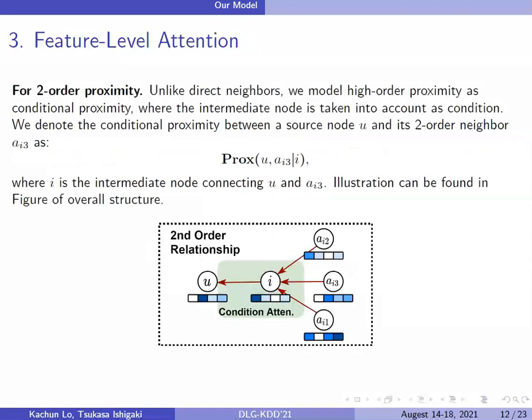More interestingly, for high order proximity, for example a two order proximity, unlike direct neighbors, we model high order proximity as conditional proximity, where the intermediate node is taken into account as condition. We denote the conditional proximity between the source node and its second order neighbor as below, where I is the intermediate node connecting the source node and the end node.